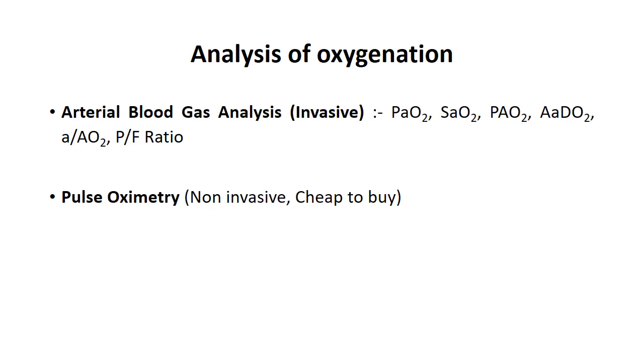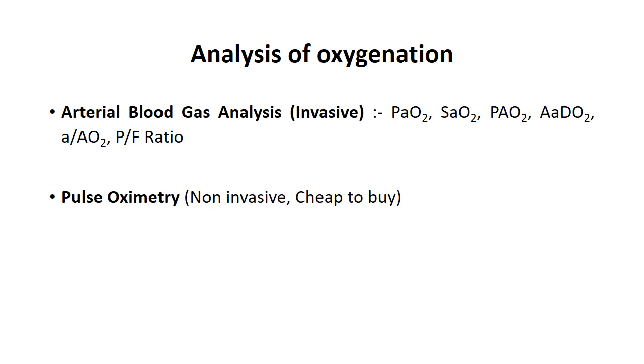Arterial blood gas analysis, which we use during our ICU practice, gives an idea about the following oxygenation indices: partial pressure of oxygen in the arterial blood, saturation of oxygen in the arterial blood, partial pressure of oxygen in the alveolar gas, the alveolar-arterial gradient difference, the A by A ratio and the PaO2 by FiO2 ratio.